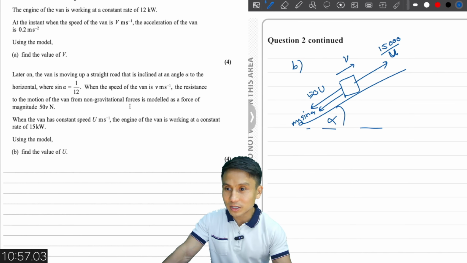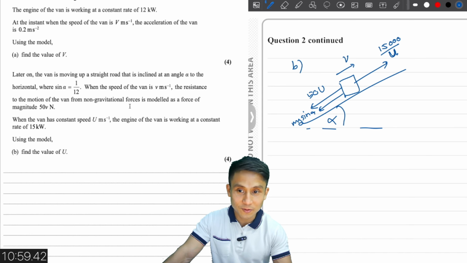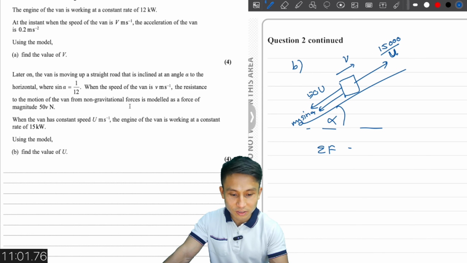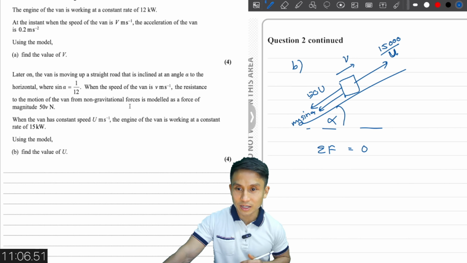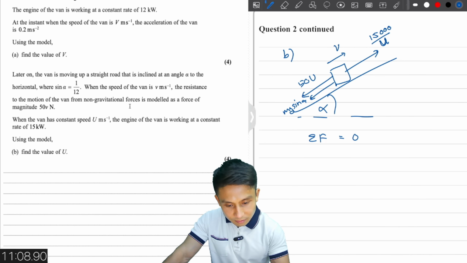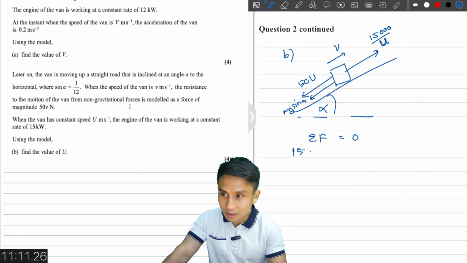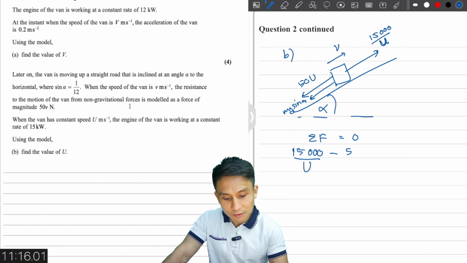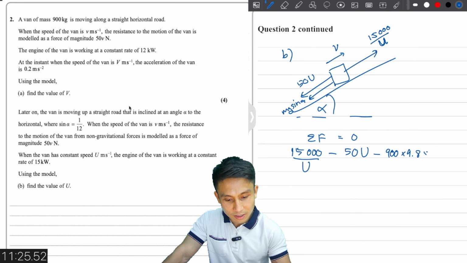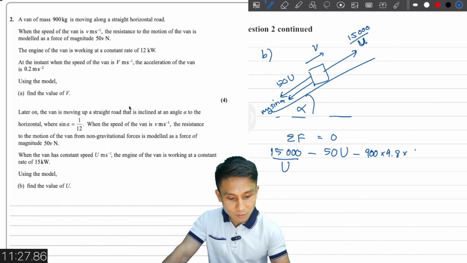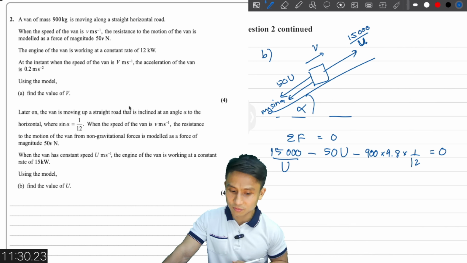So again, this is constant speed now. That means resultant force equals 0. And we don't need to worry about the other direction perpendicular to the slope. So 15,000 divided by the capital U, minus 50 capital U, minus mg, so m is that, g 9.8, and sine alpha would be 1 over 12, equals 0.